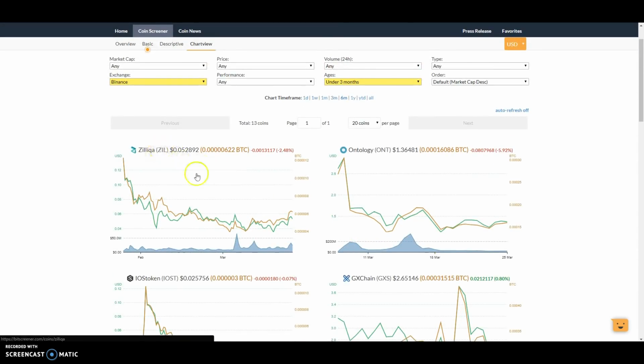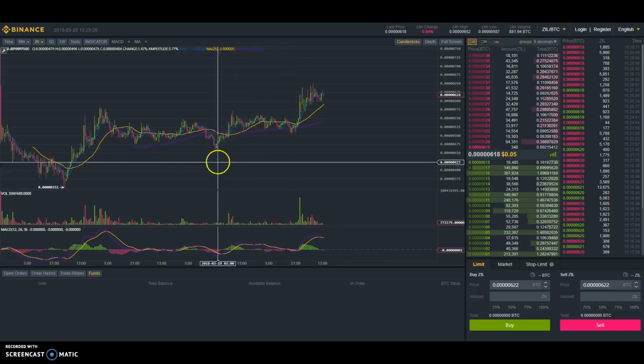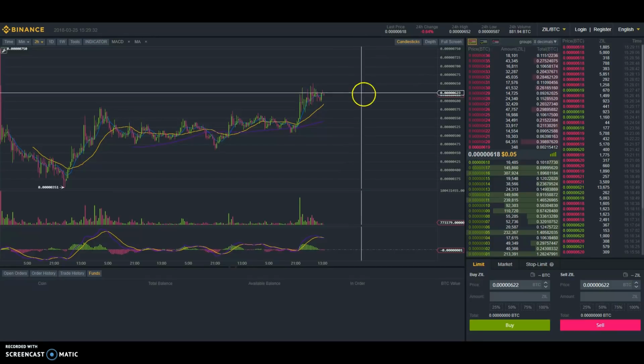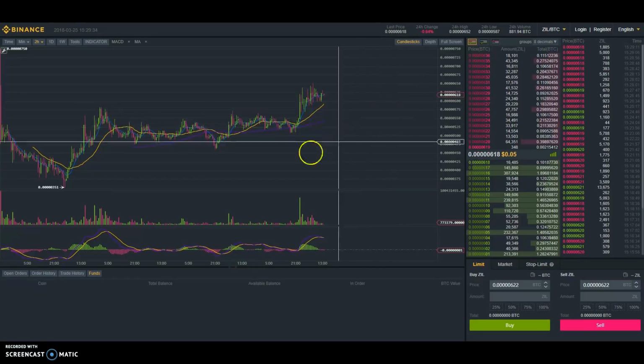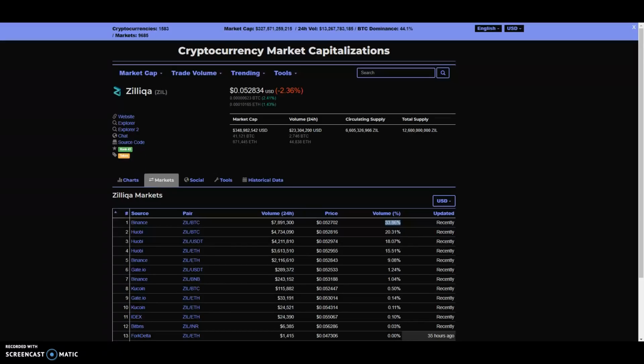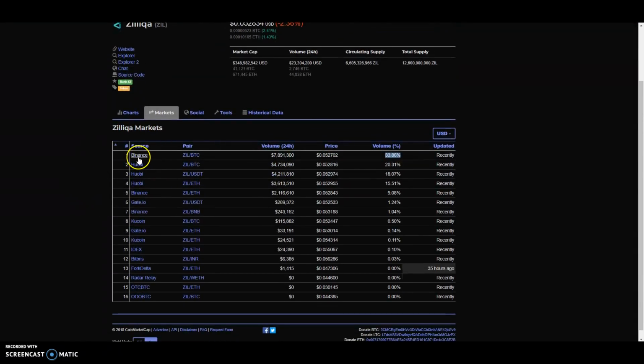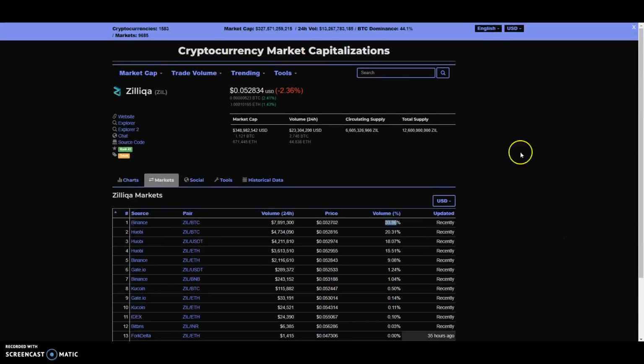So let's take a look at ZIL. I gotta love Binance's UI. You always feel like you're transported back into the 80s or something. It's pretty great. Sorry, back to business. Okay, so if you look at this, ZIL BTC, its number one volume source is Binance, with a third of its volume being traded on Binance.